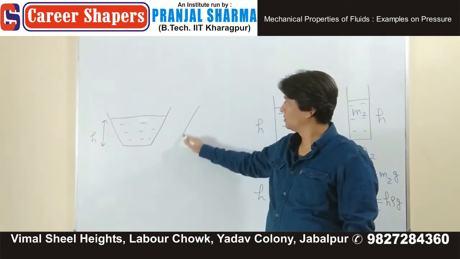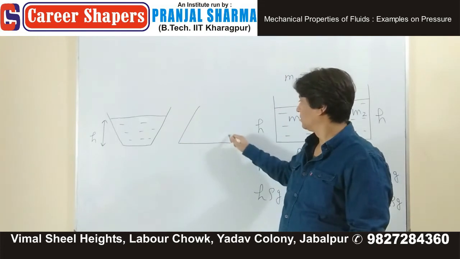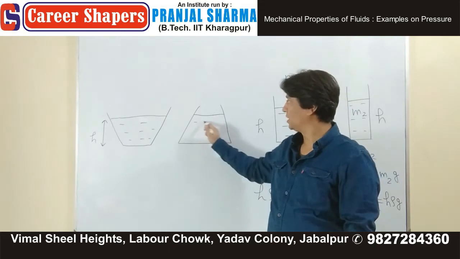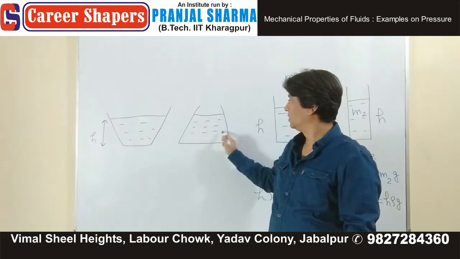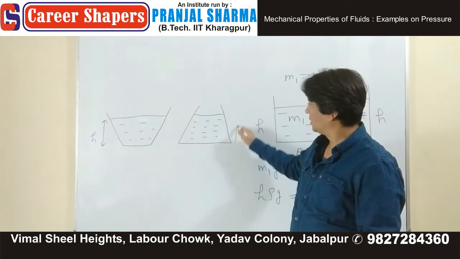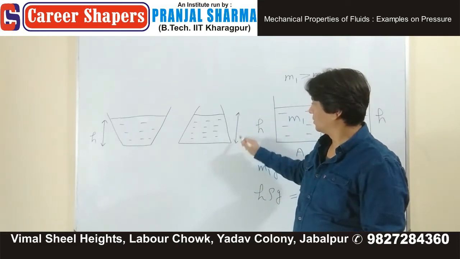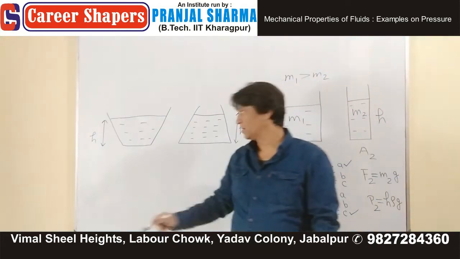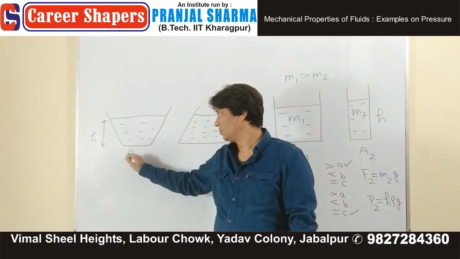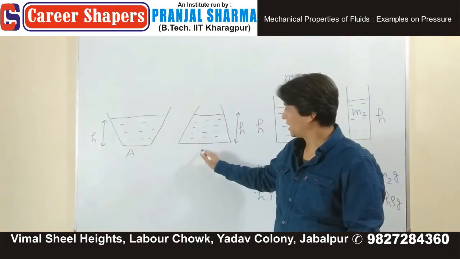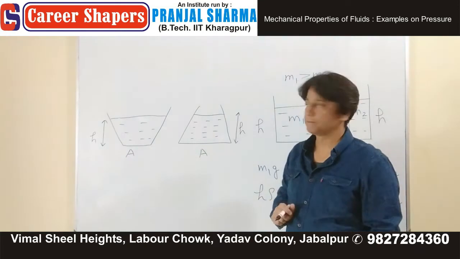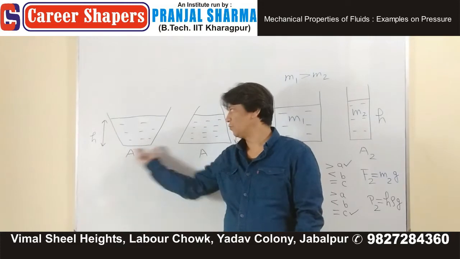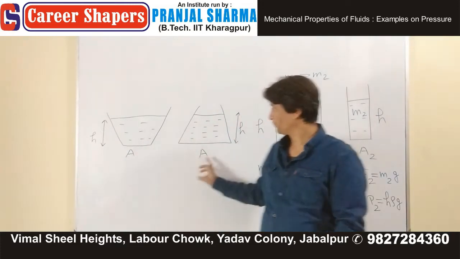Another beaker in this form, same height of the liquid. This height is again h. And we have been given that they both have the same base area A. It doesn't look the same, but remember they both have the same base area, A.